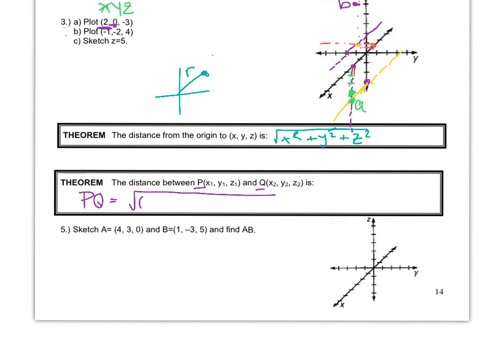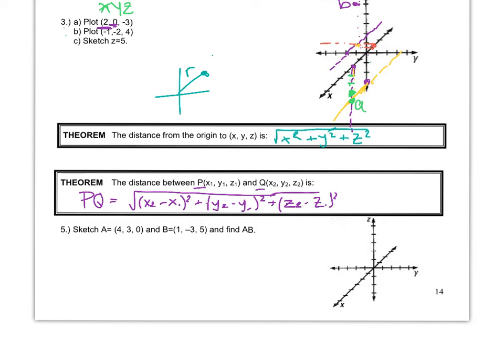So again, this should sound familiar from the Pythagorean theorem. So x2 minus x1 squared plus the distance between the y's, y2 minus y1 squared plus the distance between the z's, z2 minus z1 squared. This should look familiar from the distance formula.